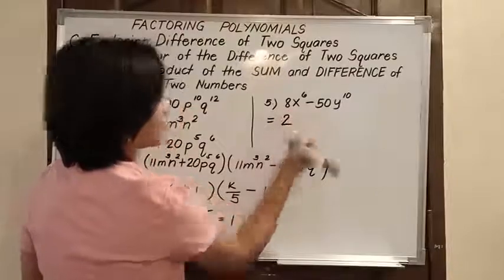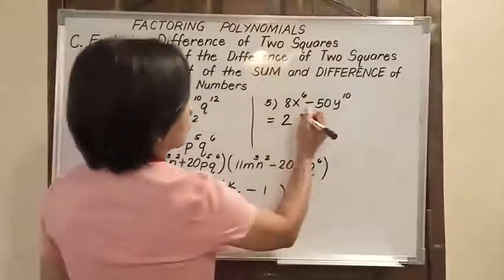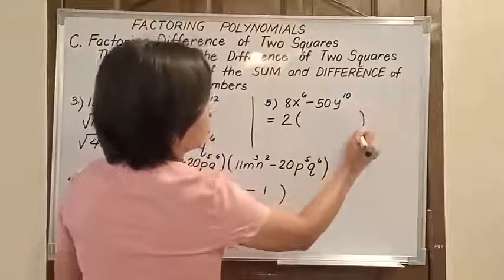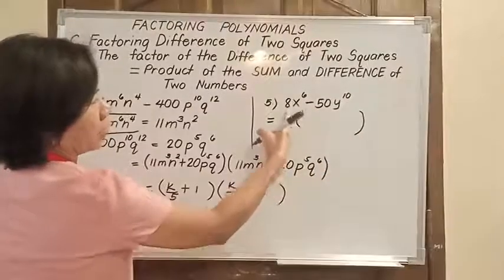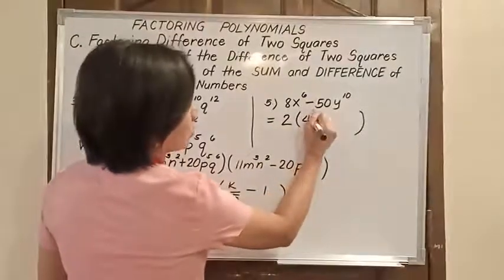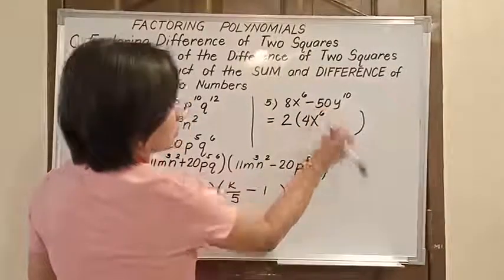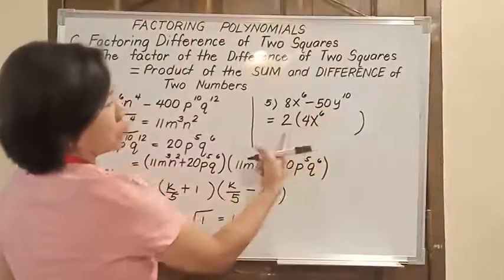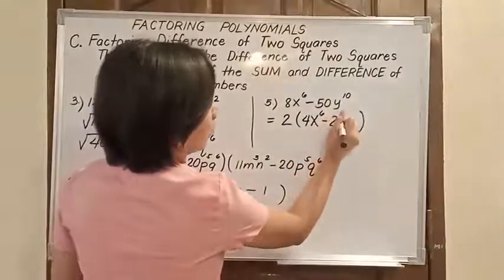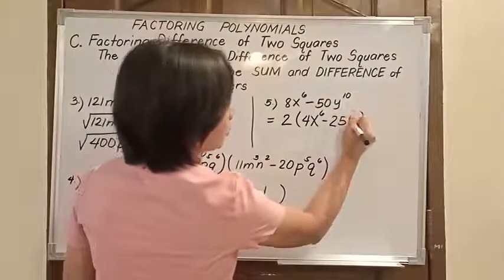So you have to factor out 2. So greatest common factor is 2. Then we will divide each term by 2. 8x to the 6 divided by 2 is 4x to the 6. The negative 50y to the 10th power divided by 2 is negative 25y to the 10th power.